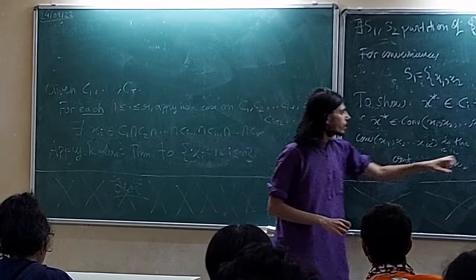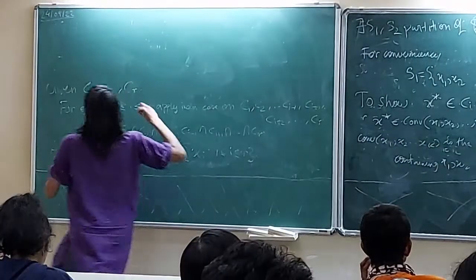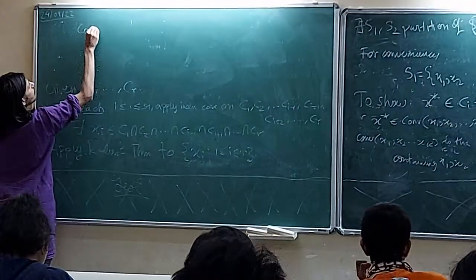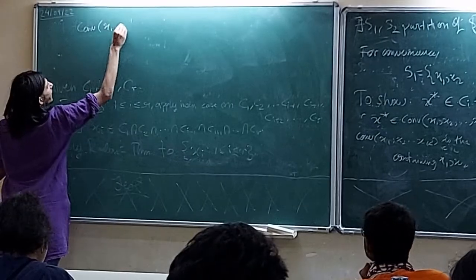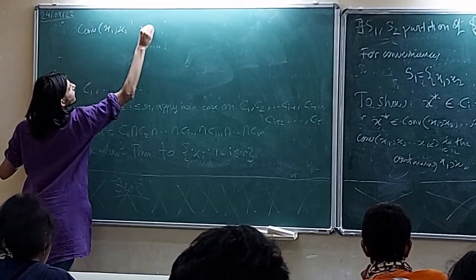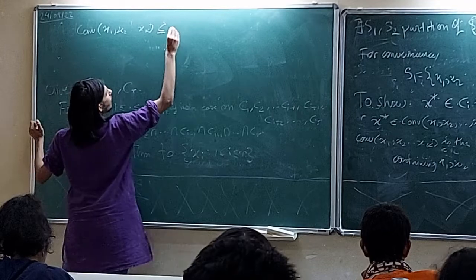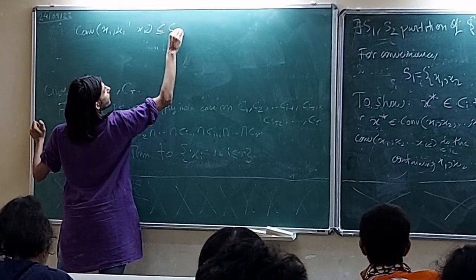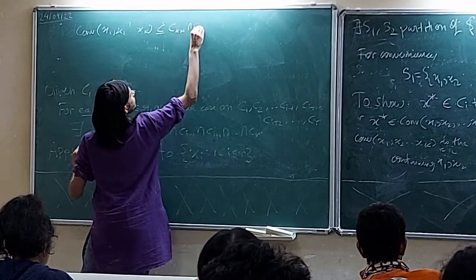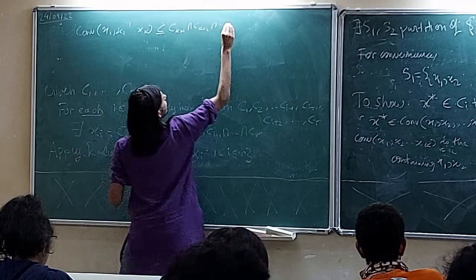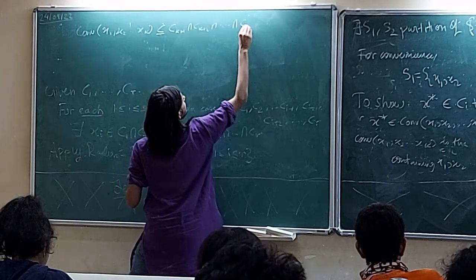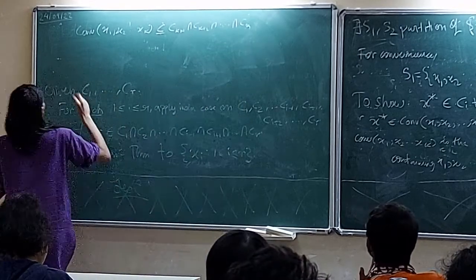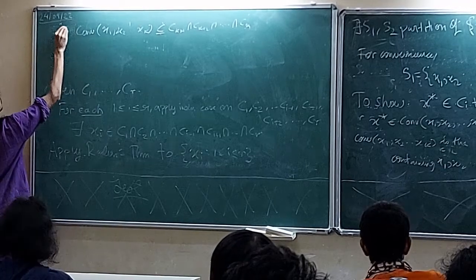Because this is the smallest convex set contained in these, con of x1, x2 up to xk is actually a subset of ck plus 1 intersection ck plus 2 intersection dot dot dot intersection cr, and x star belongs in this.